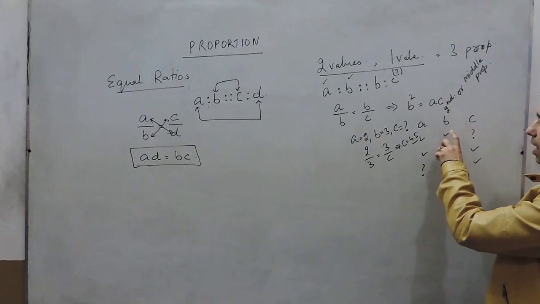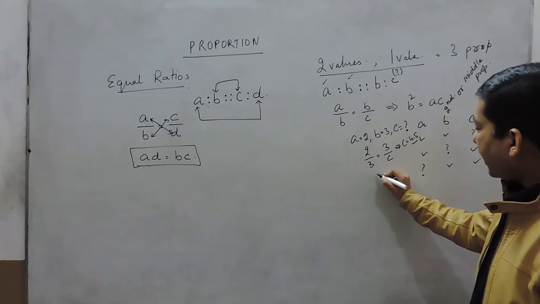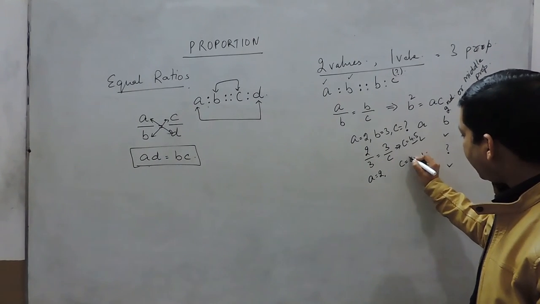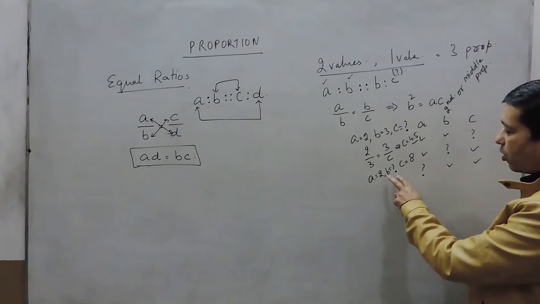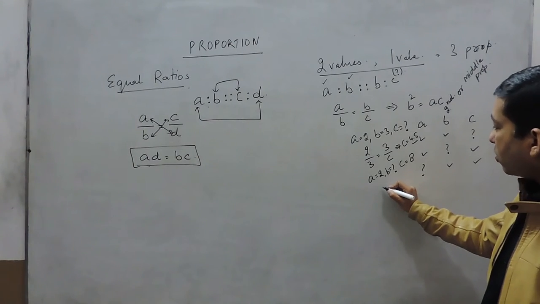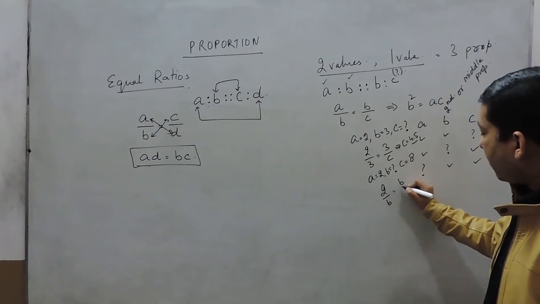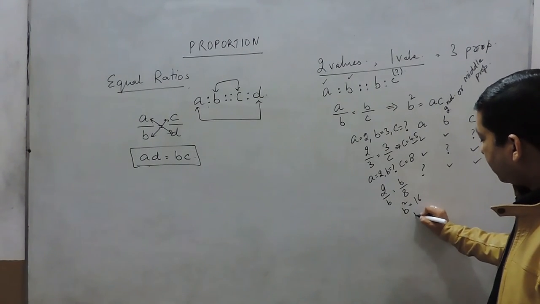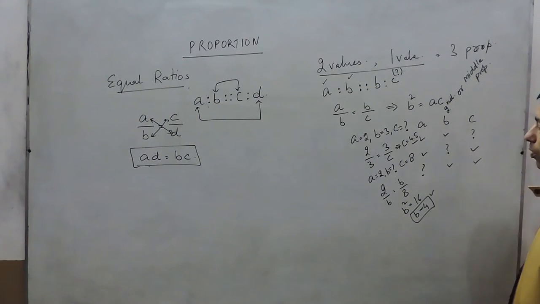In the same way, if I say find the second proportion of 2 and 8, that means the value of A is 2 and the value of C is 8, and we have to find out the value of B. Here also I can write 2 upon B is equal to B upon 8, and the value of B comes out to be 4, so the second proportion comes out to be 4.